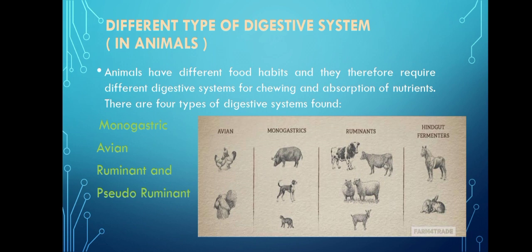Examples are chickens, turkeys, ducks, swans, and other poultry species. The ruminants, which are cattle, cows, and sheep, have what are called polygastric stomachs. And the posterior ruminants, which have the gut ferment, horses and rabbits, are the examples.